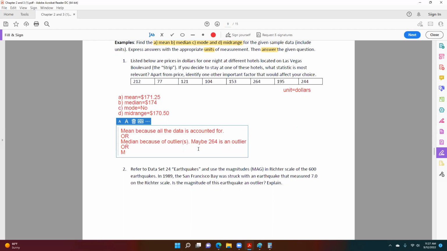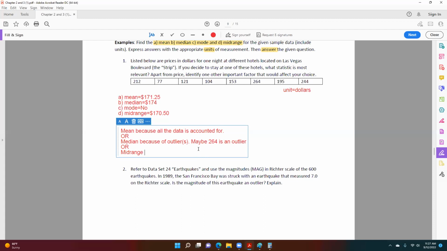Or some people will pick the mid-range, because mid-range is actually the middle between the high and the low, the max and the min. So if we are on budget, we do not want to stay at the most expensive one, and we do not want to stay at the cheapest one. So we want to find what is right in the middle.